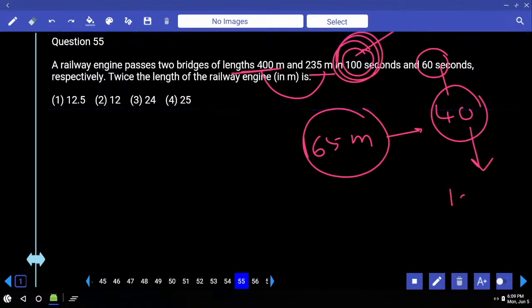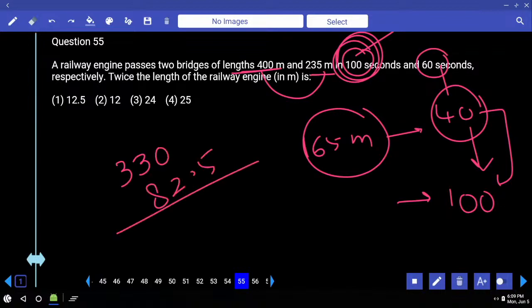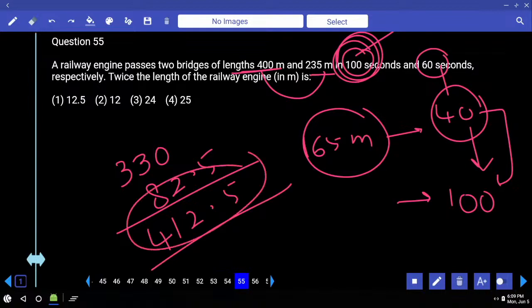In 100 seconds it can travel 412.5 meter, in which 400 meter is the length of the bridge.